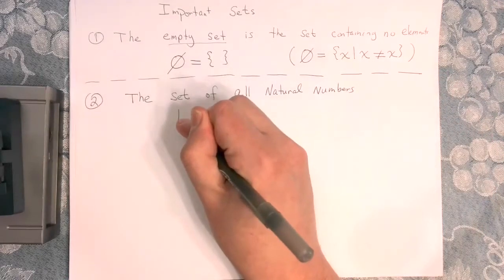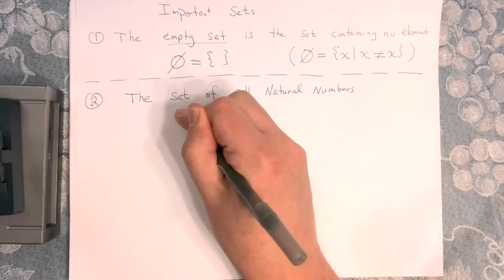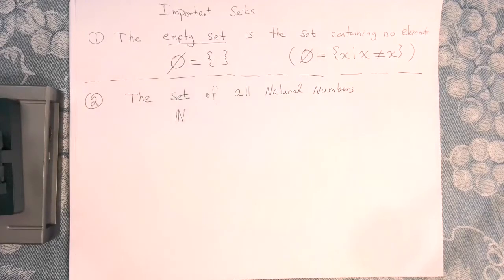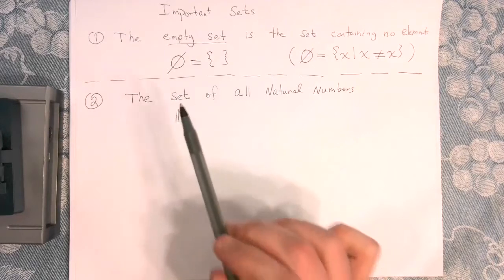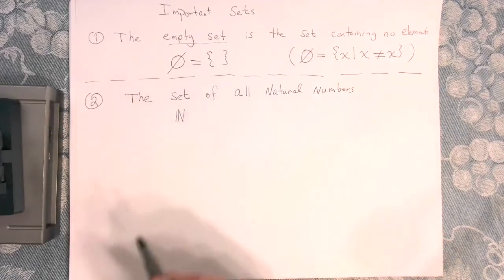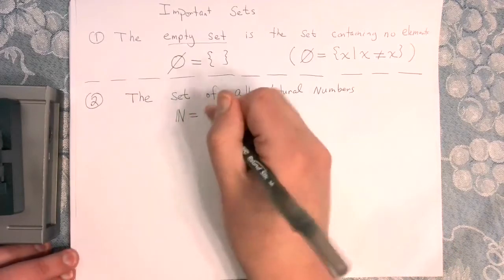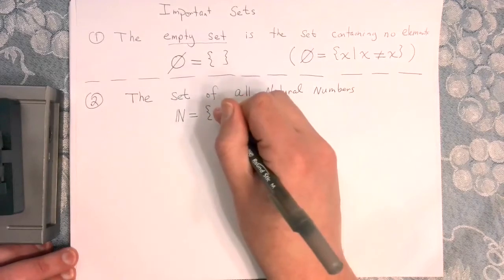We denote this by N with a bar on the left. As soon as I see this notation, I know instantly, oh, that's the set of all natural numbers. Notice that there's a least or smallest element, and that's 1.